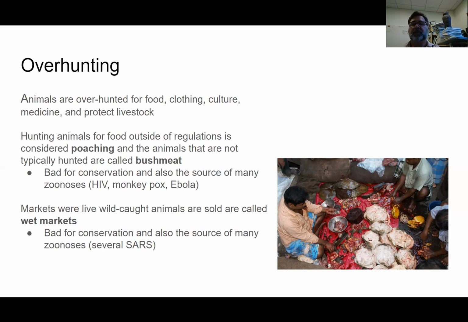If you are taking animals out of a population and bringing them to market alive, that's called a wet market. And not only are wet markets bad for conservation, they're the source of several zoonotic diseases. And the latest one is SARS-CoV-2. In fact, there's several SARS viruses that have come out of wet markets.